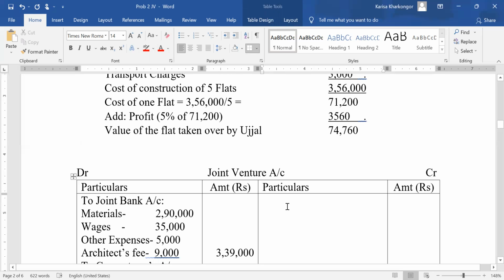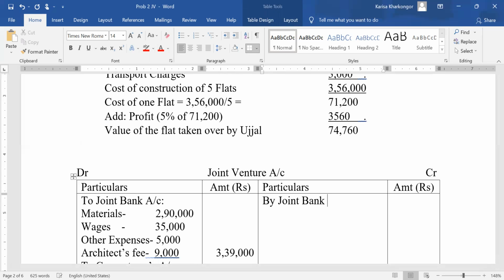Now we'll move on to the credit side. Out of the 5 flats which were constructed, 4 were disposed of at the contract price. So we have to credit the joint bank account for the money received on the flats which were disposed of.